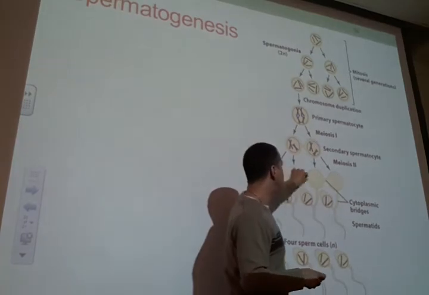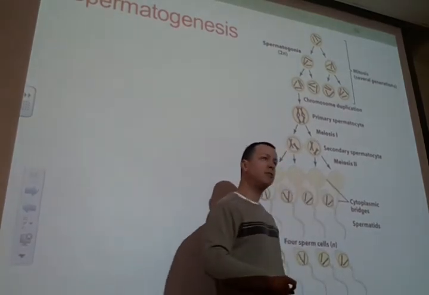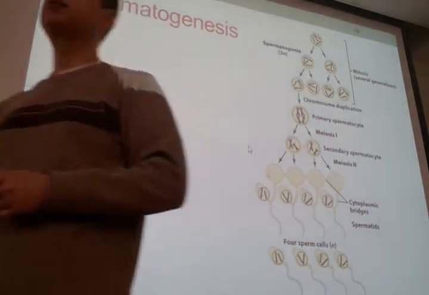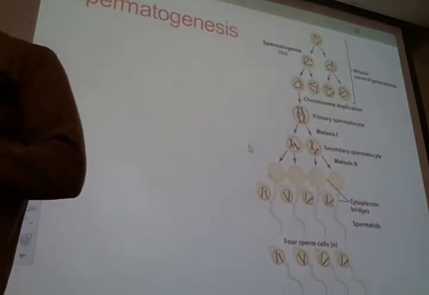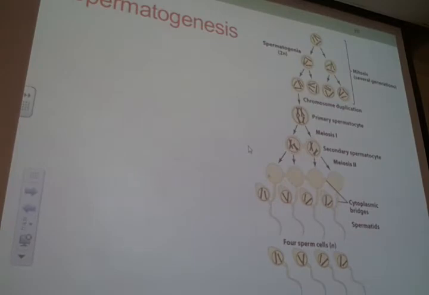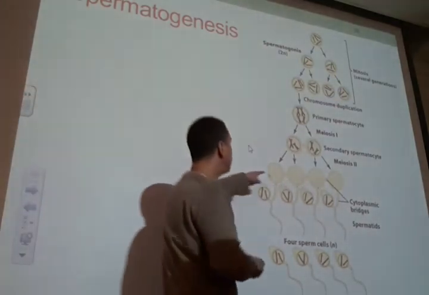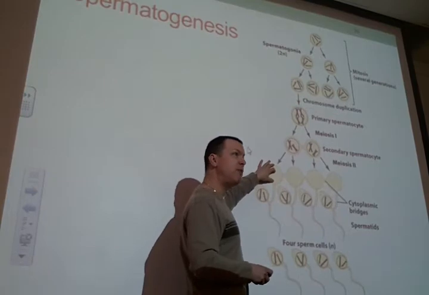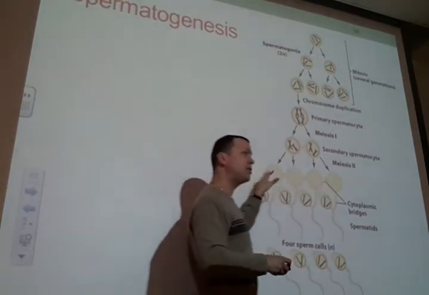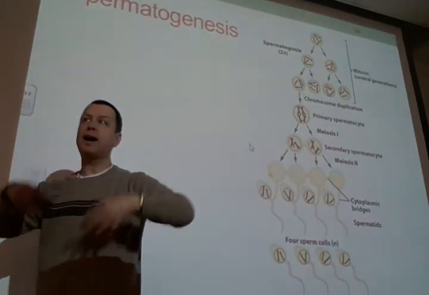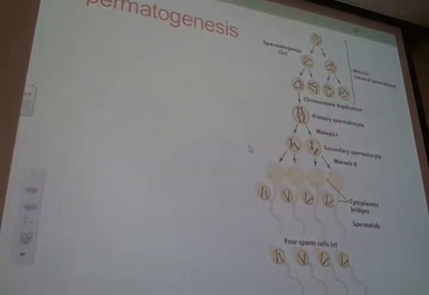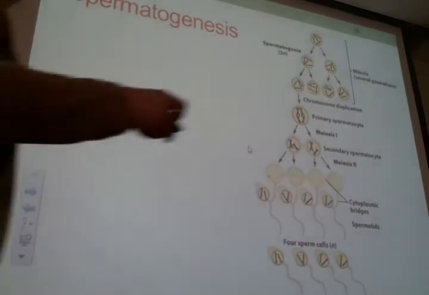So if these cells actually separated completely from each other, the poor little Y sperm, having no X chromosome, wouldn't have the genes to actually develop into sperm. So they don't separate completely, so that the proteins that the X chromosome is making can be shared across all the cells. Whether you're X or Y, you actually get to develop, which is kind of interesting.